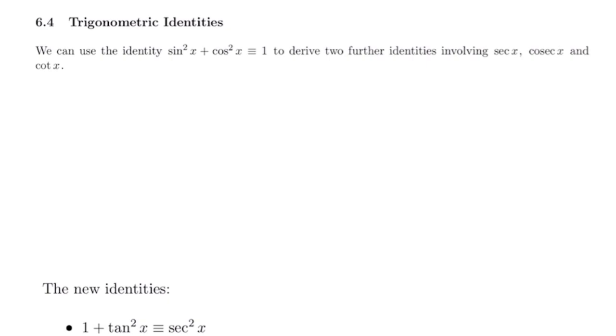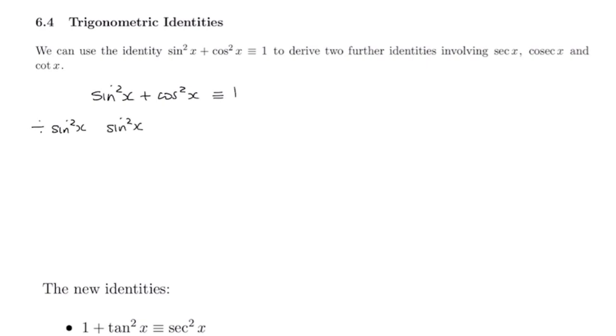If we take that trig identity, sine squared x plus cos squared x is identical to 1, and we divide both sides by sine squared x, this is what we get.